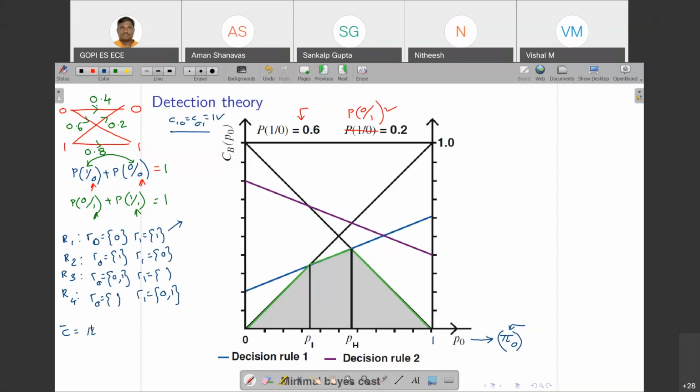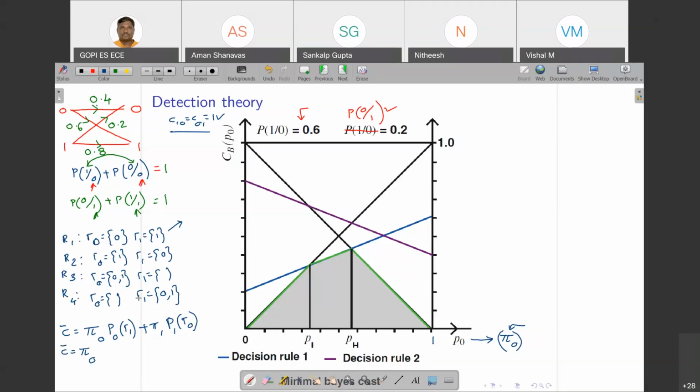You know that expression: it is pi naught into P naught of gamma 1, plus pi 1 into P1 of gamma naught. This is the C bar expression. Now I said I'm not going to use pi naught as some value. I'm going to treat pi naught as a variable itself.